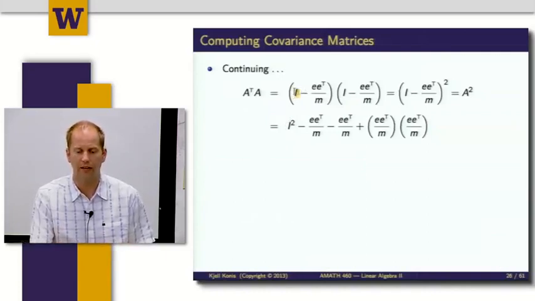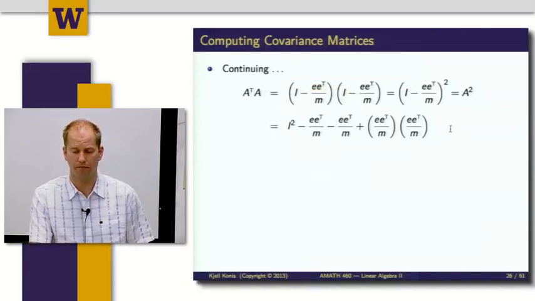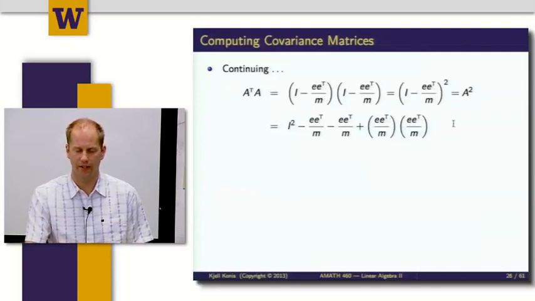So I have identity matrix times identity matrix gives me identity matrix squared. Then I have outer identity matrix times this, and it's negative. And then I have inner identity matrix times this, so I get two of these guys. And then the last one, I get EE transpose squared over M, so EE transpose over M, that thing squared, which I've written out here.